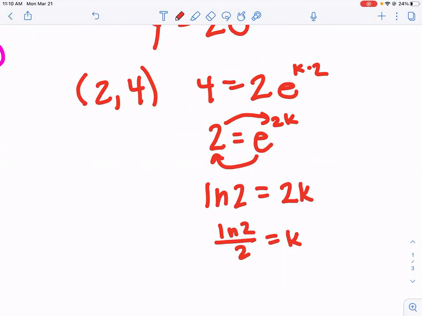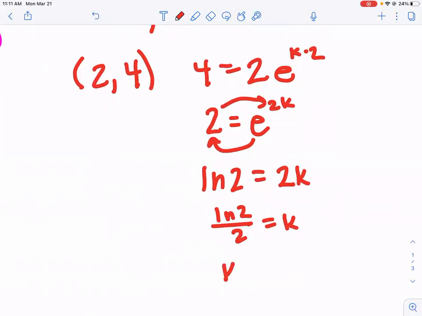It's been a long time since that's happened, my friend. All right, what do you get? 0.347. Let's go out a couple more decimal places.